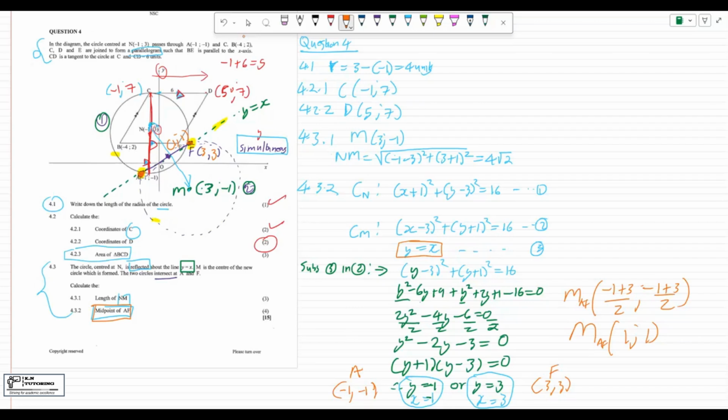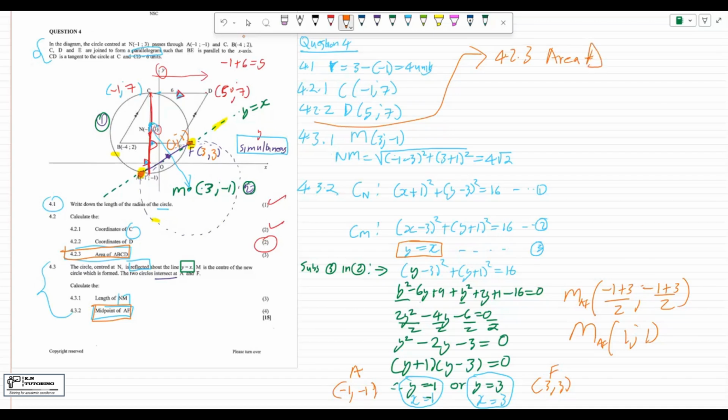Okay, now let's go back to 4.2.3, which I mistakenly forgot. They want us to find the area of triangle BCD. So remember I missed here 4.2.3. They want us to find the area and it's for only 2 marks, which means it's easy.